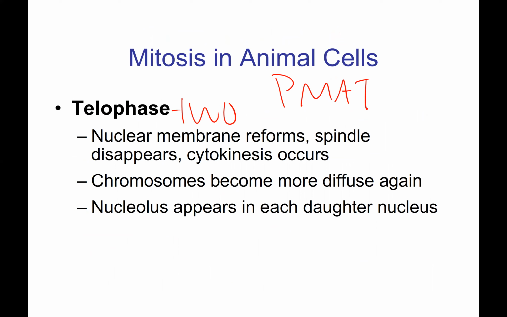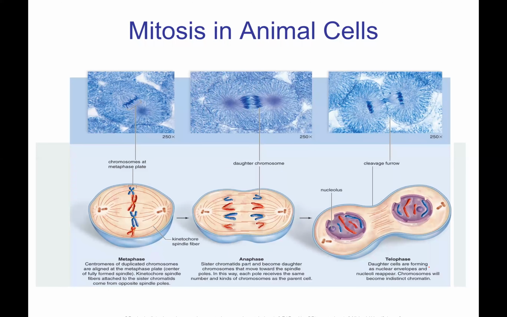So now we are going to have almost 2 complete cells. Our nuclear membrane is going to reform, and our chromosomes are going to start to go back to chromatin. So in metaphase, they line up in the middle. We still have these spindle fibers attached.